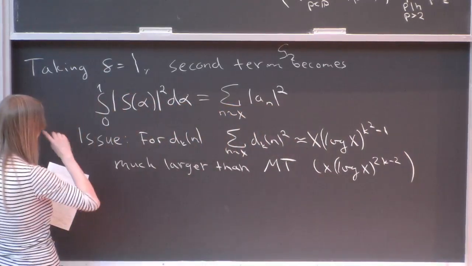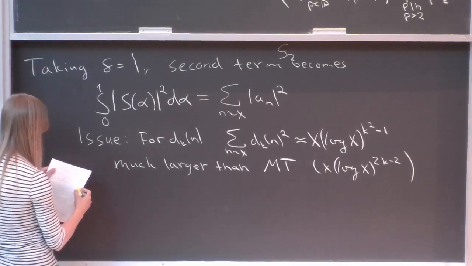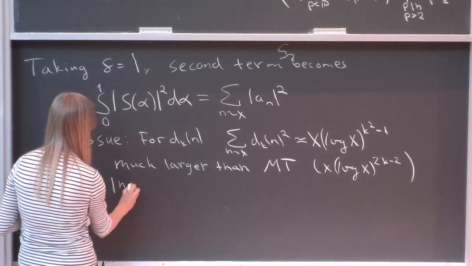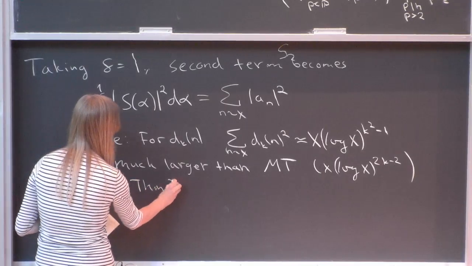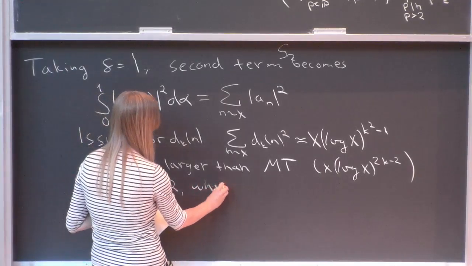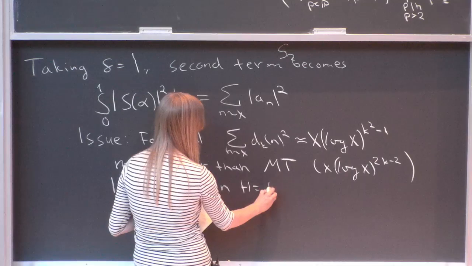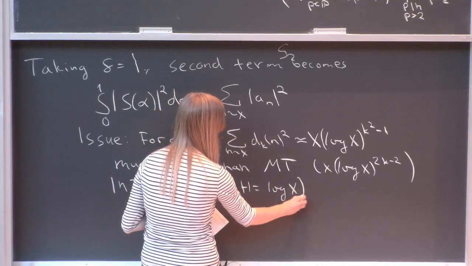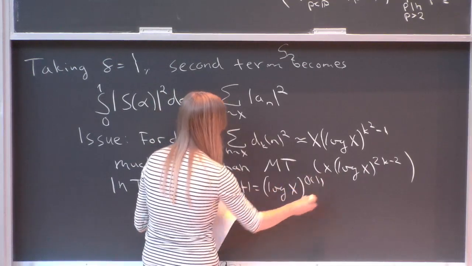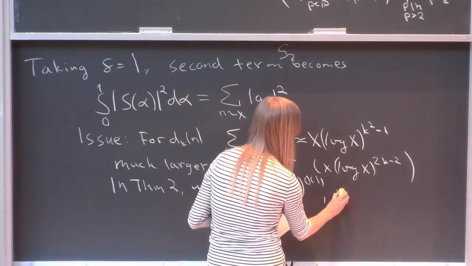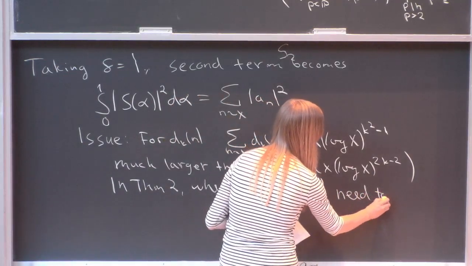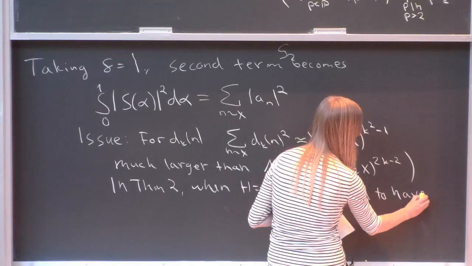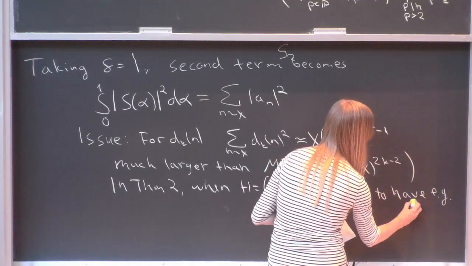So in theorem 2, when we have h to be small, say 1, we need to take delta to be half, for example.